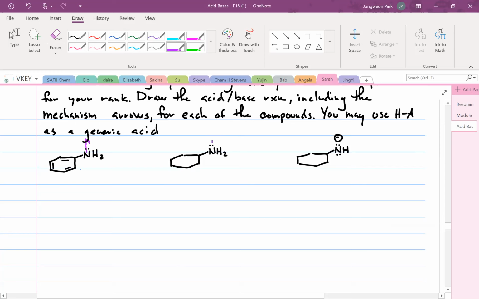That's what you're supposed to do when ranking bases. You may use HA as a generic acid. If you do that, this is positive, this neutralizes, right?